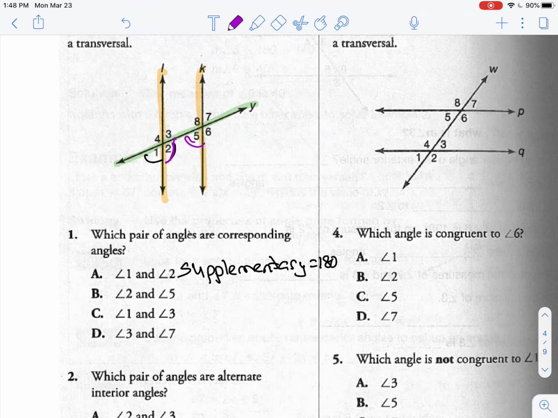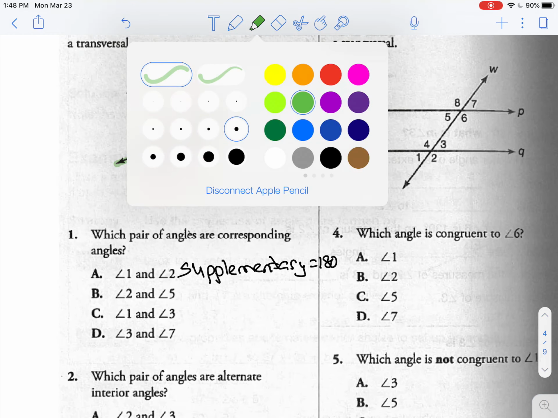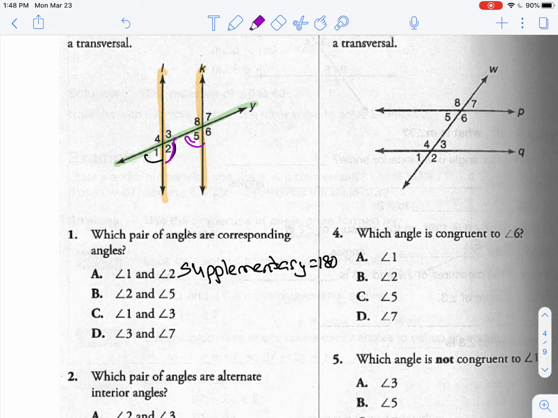You're going to go to the next angles, angle 2 and angle 5. Angle 2 and angle 5 are that tricky thing that we just did, where we said, okay, well, we can move this 5 right here and put it down here because that would be corresponding. And then we would look at these two angles and they're supplementary.